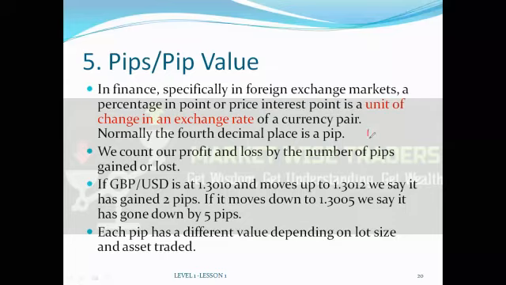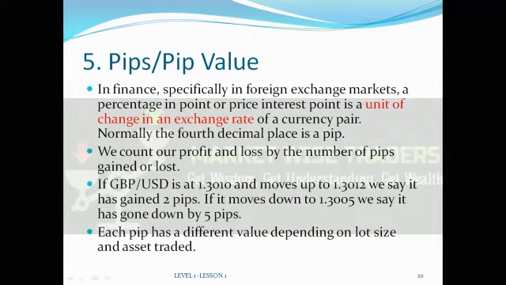So if we have $1.2411, this is our pip, the 4th decimal. If it changes to 12, we say it's gained 1 pip.